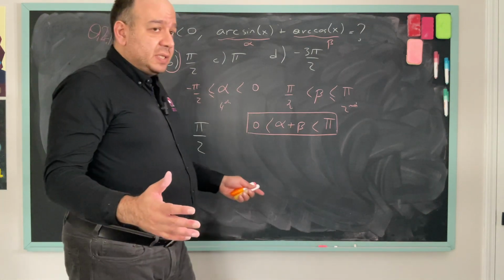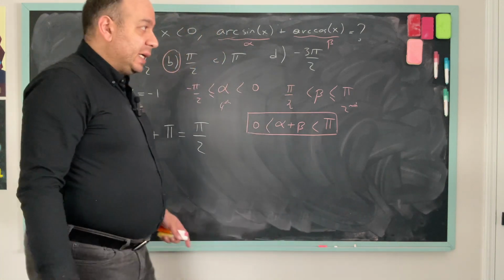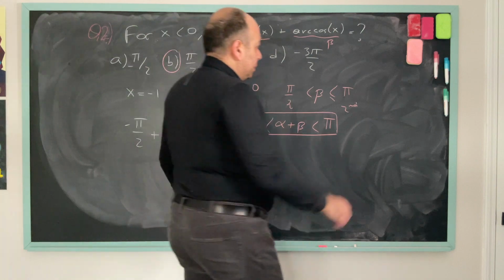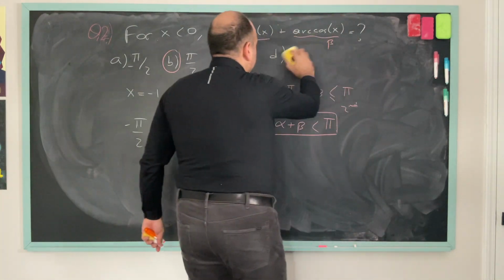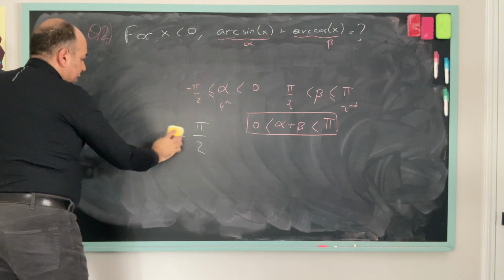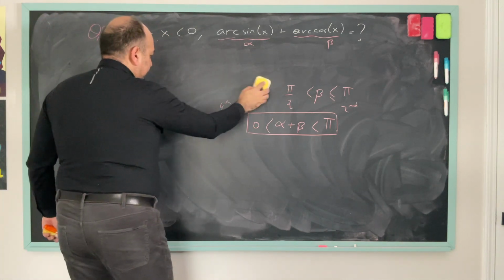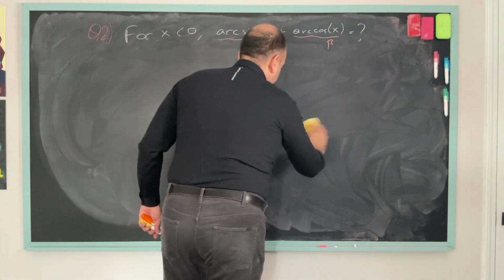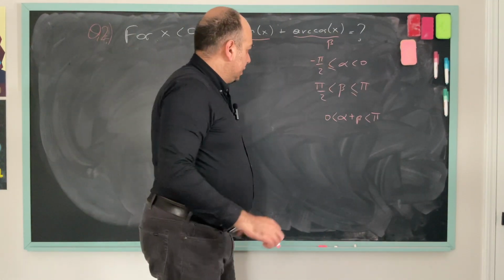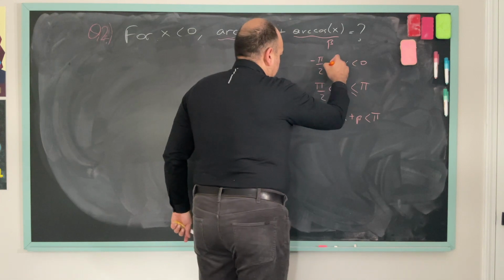But I want to solve this problem for any x value less than 0, right? So if it wasn't a multiple choice problem, how would we solve it? So no choices are given. So we can still make these claims here.